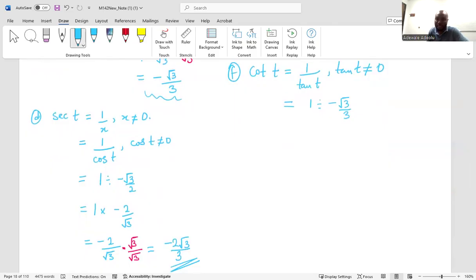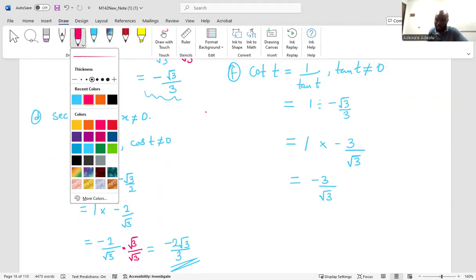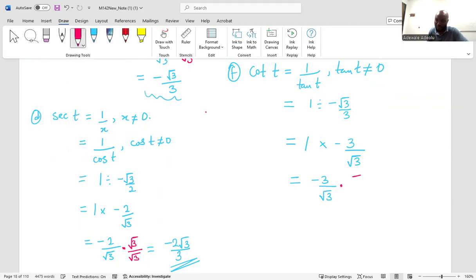So I have 1 times negative 3 over root 3, which is negative 3 over root 3. Again, I do not want a radical in the denominator, so I just need to rationalize that.